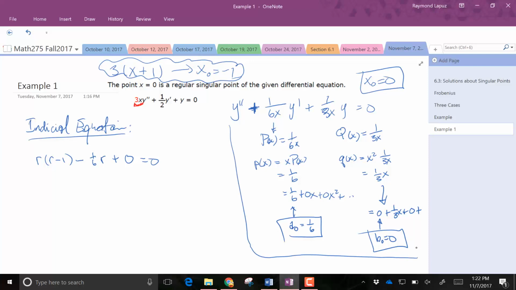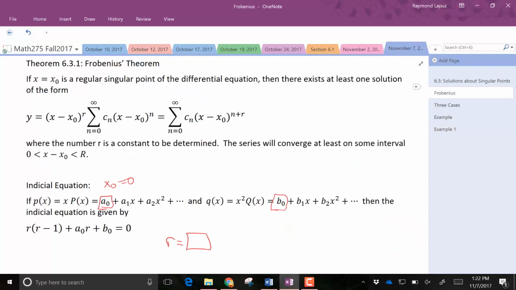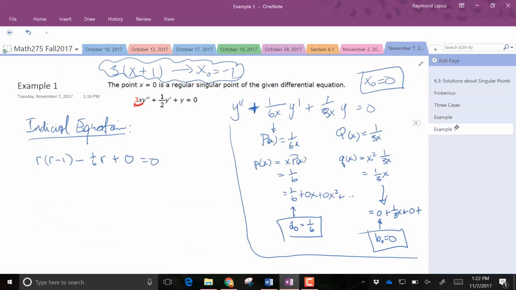Now, before you write this down, did you check what the indicial equation is? Both are pluses in R minus R times R minus 1. If we had this as a singular point and you see another singular point for the same differential equation, then we have a quadratic that we need to solve.